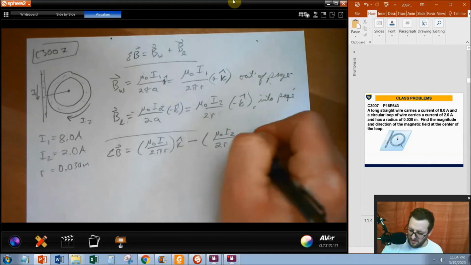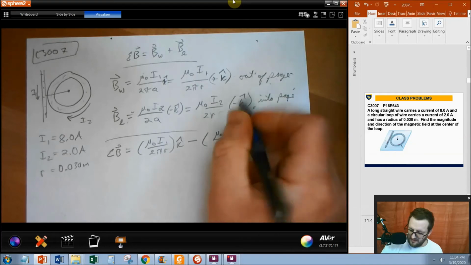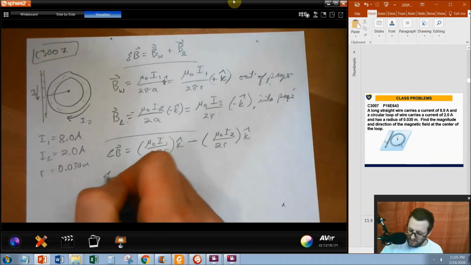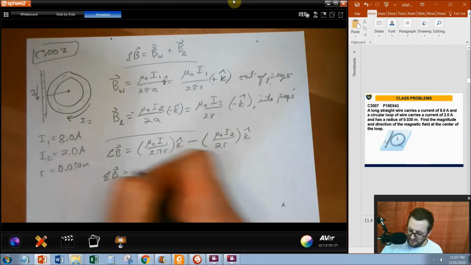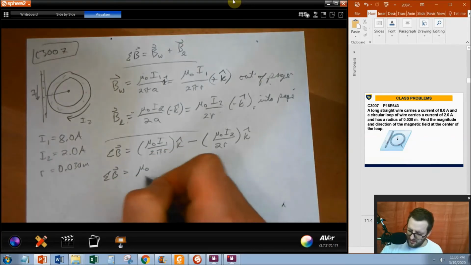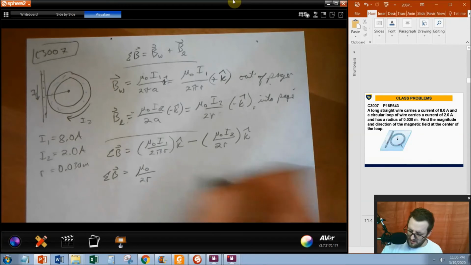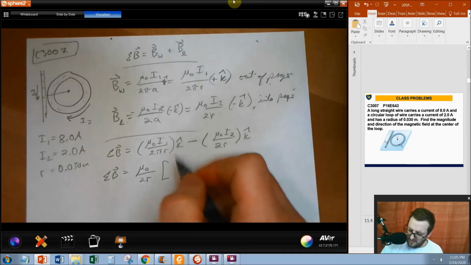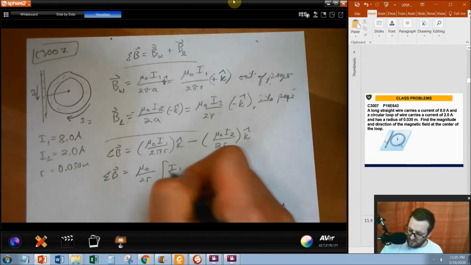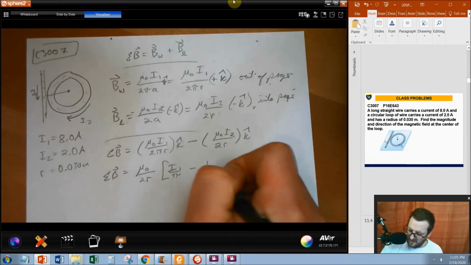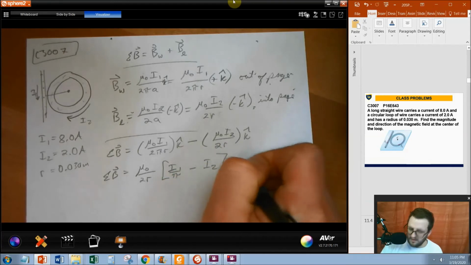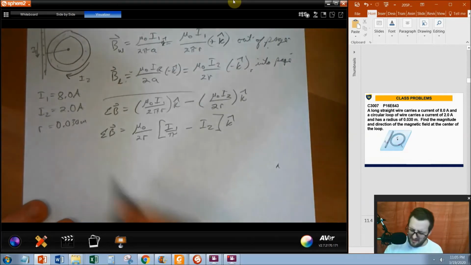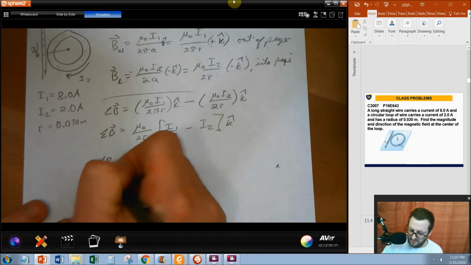Over 2r k-hat. The negative, I just distributed out front. Take out like terms, mu naught over 2r. That would be then I1 over pi minus I2, k-hat. And now it's just a matter of putting in the numbers.